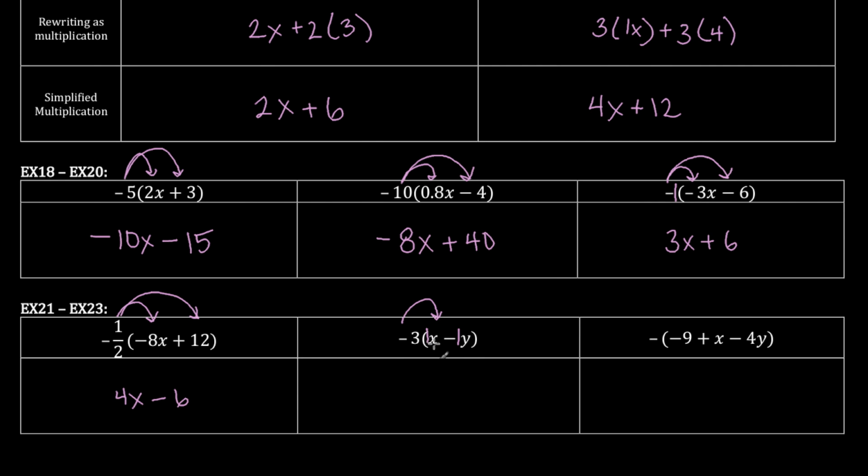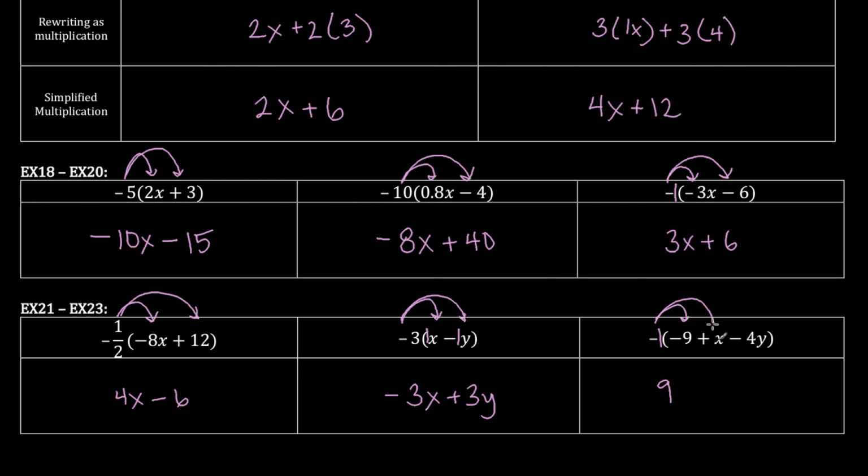But a negative times a positive is a negative. 3 times x is 3x. Try the next one. A negative times a negative is a positive. 3 times y is 3y. And lastly, let's not forget this 1. So a negative times a negative is a positive 9.